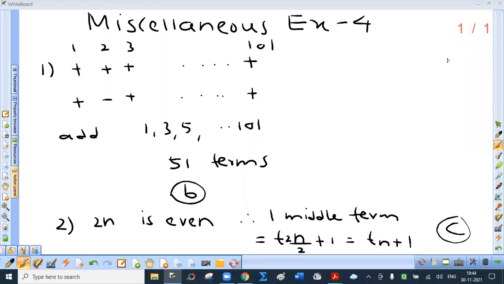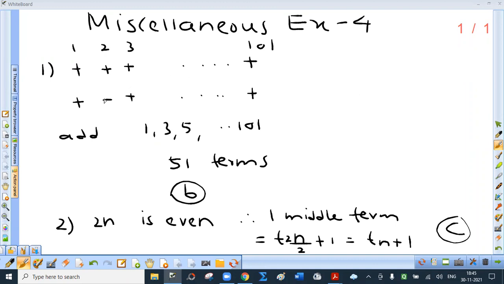Now, miscellaneous exercise 4. First question, select the correct answer from the given alternatives. First one, the total number of terms in the expansion of (x plus y) raised to 100 plus (x minus y) raised to 100 after simplification is. Now in the expansion (x plus y) raised to 100, there are 101 terms. Similarly, in (x minus y) raised to 100, again there are 101 terms.